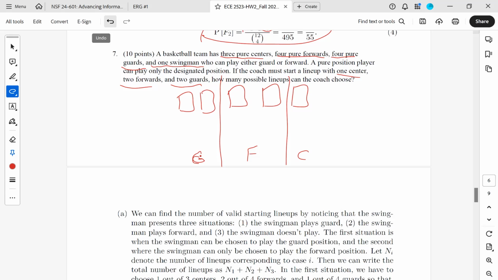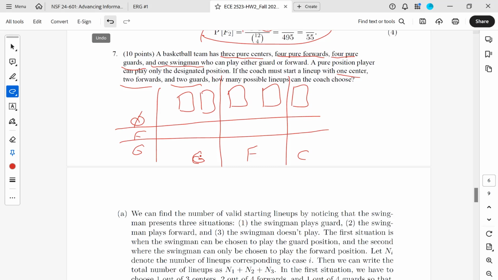Okay? Now, considering that condition, how many types of choice regarding the swingman does the coach have? 3 types of choice. Either the coach could not use the swingman, or choose the swingman as forward, or choose the swingman as guard, right? Are we agreed?